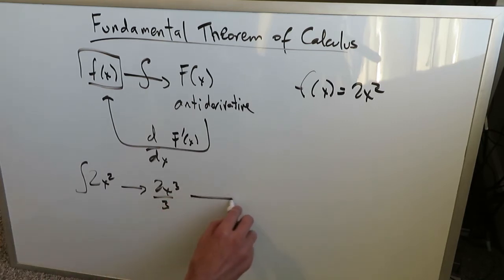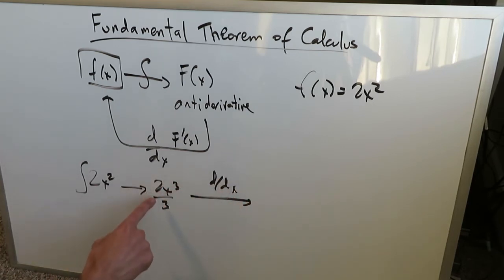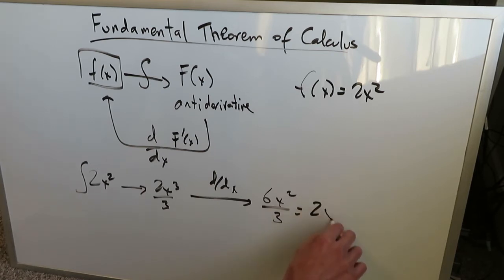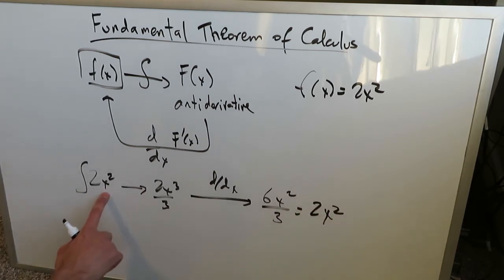Now if you take the derivative of this, you know you have to use the power rule: 3 will multiply with that, and you'll lessen that exponent by 1. Look what you'll get: 3 times 2 is 6, x squared over 3, and you simplify that and get 2x squared.